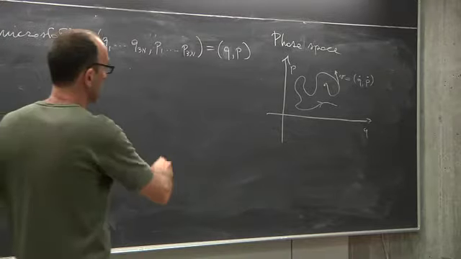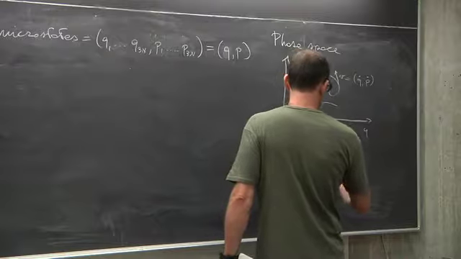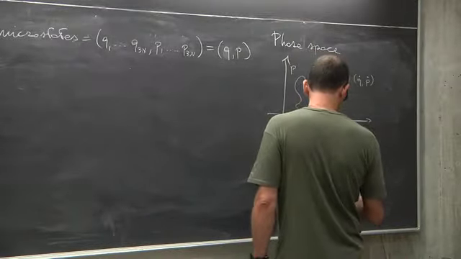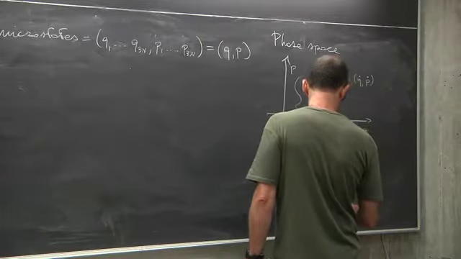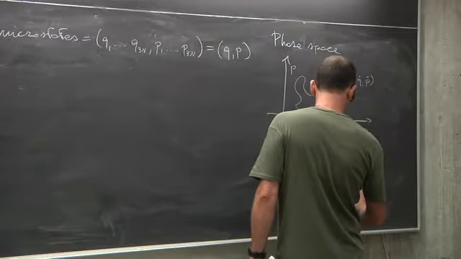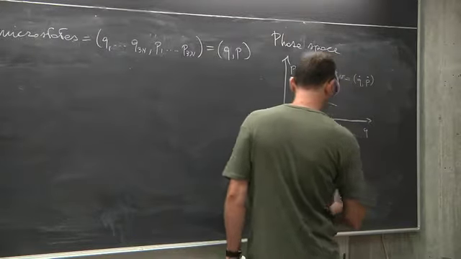And what are those two things? So q dot is dH/dp, and p dot is minus dH/dq.